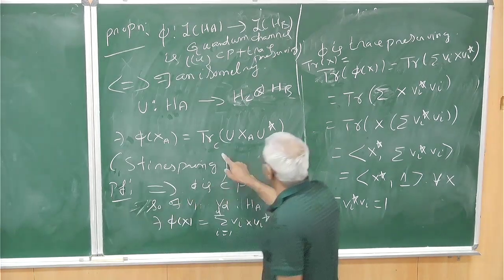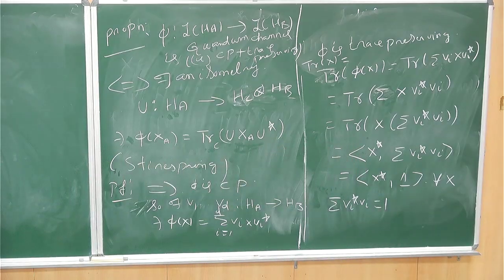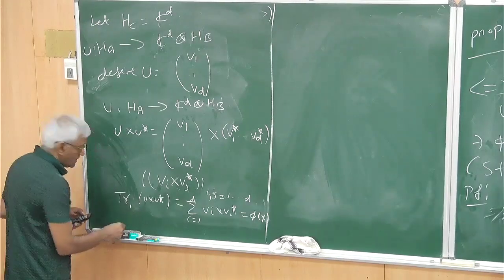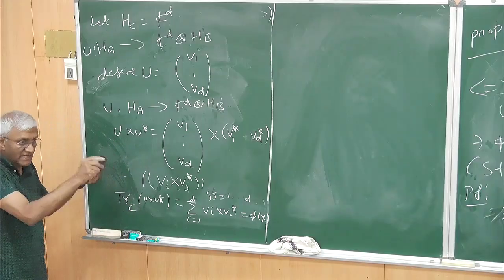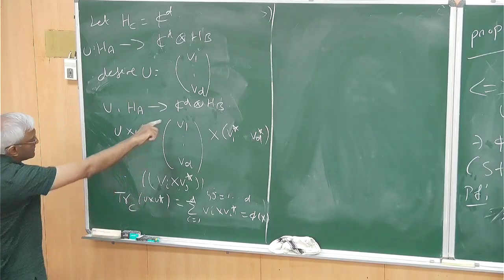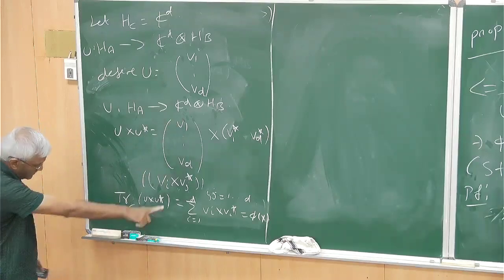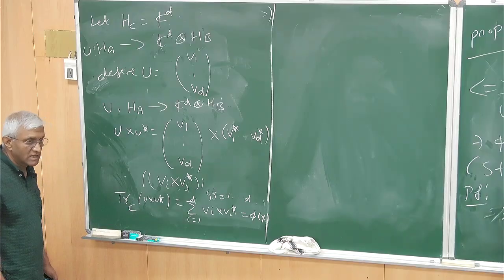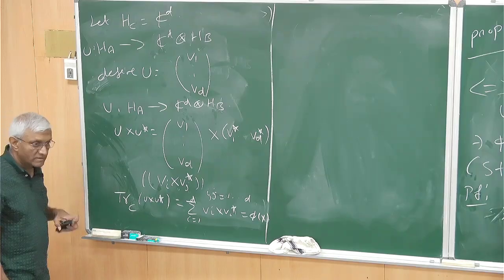This is the trace with respect to the first entry; the second entry is just taking traces on the individual matrices. The trace with respect to the first entry is just summing over the diagonal matrices. So that's what we are doing, and we have proved it.